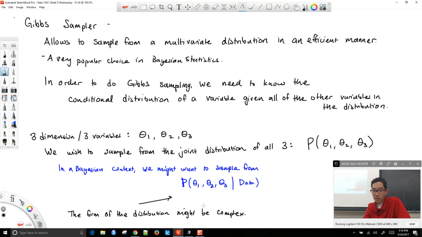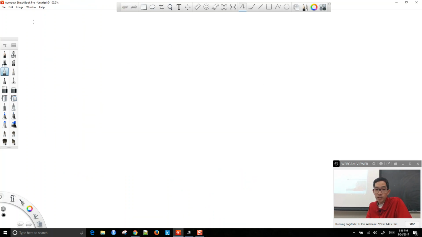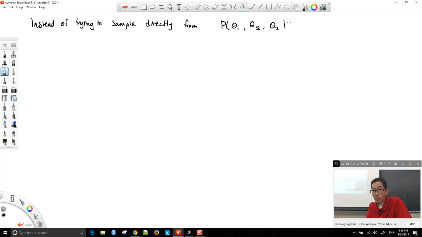So instead of trying to sample directly from this distribution, we find the conditional distributions for each variable.